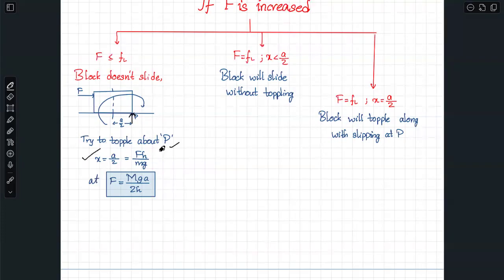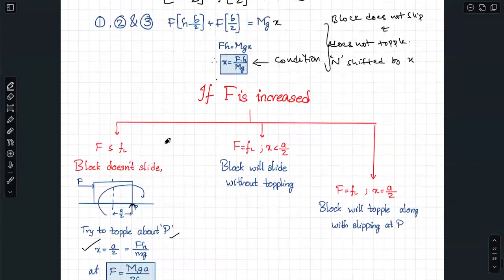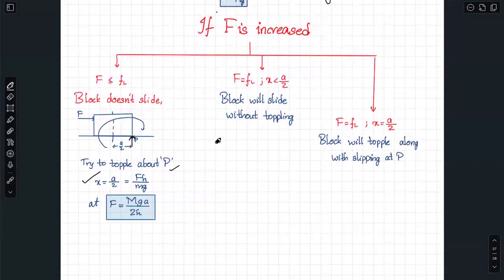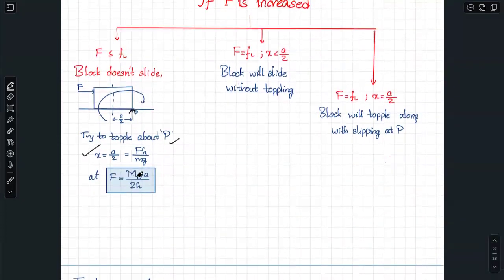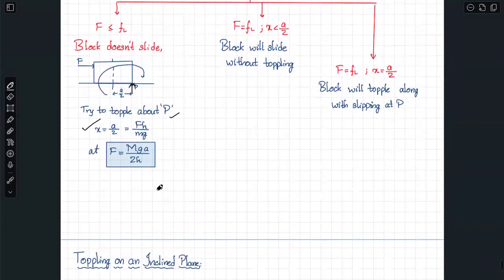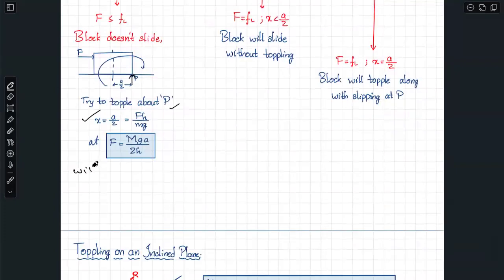X is equal to A by 2 in our formula. So X is equal to A by 2, which is F into H by mg. Such an F is what you call F is m. This is the condition. So if you apply this much force, it won't slip, but topple about P.